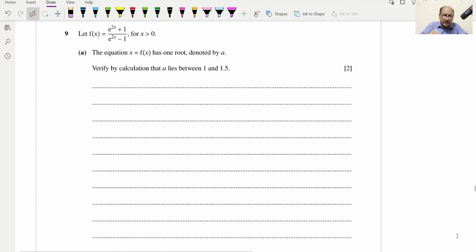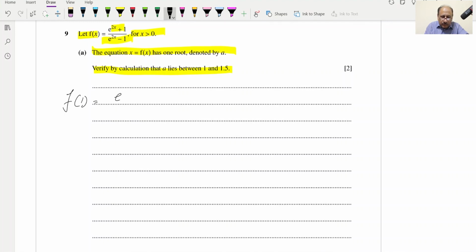Question number 9 says let f of x be equal to this. The equation f of x has one root denoted by a. Verify by calculation that a lies between 1 and 1.5.